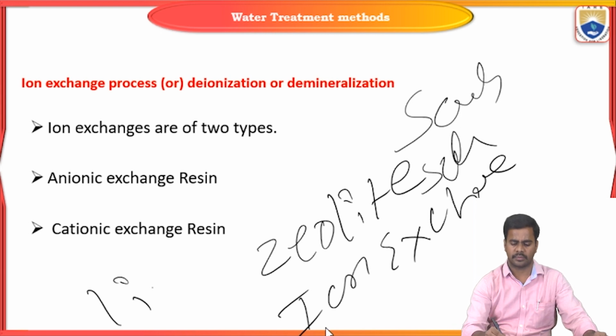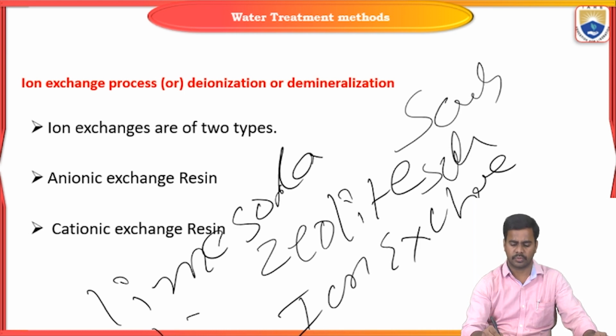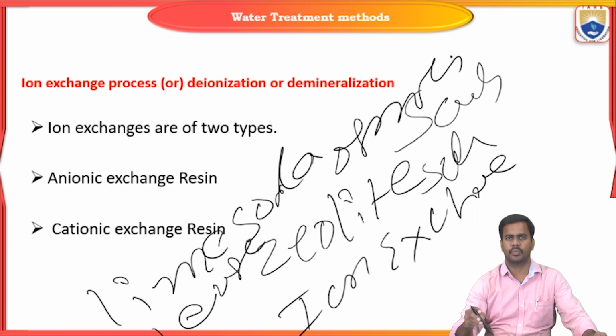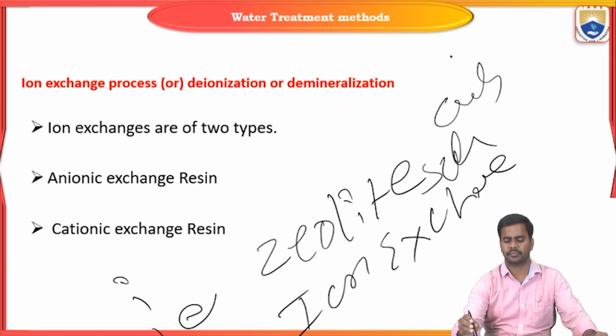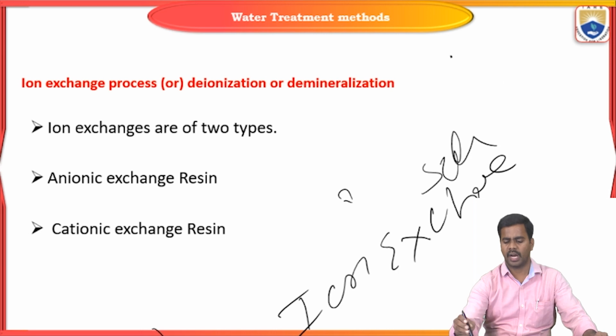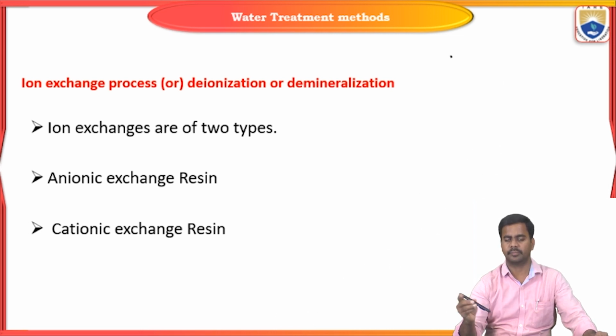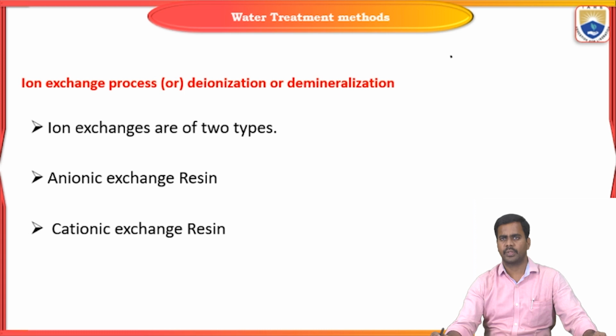By using these technologies, we can remove hardness causing ions from water. Okay, so let us take the ion exchange method. This method is also known as deionization or demineralization.